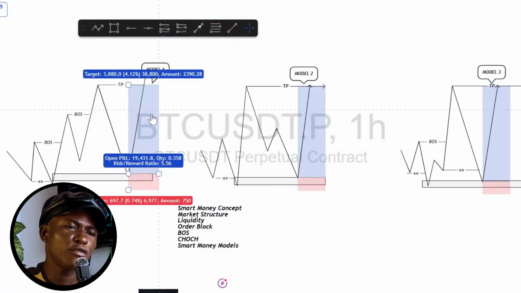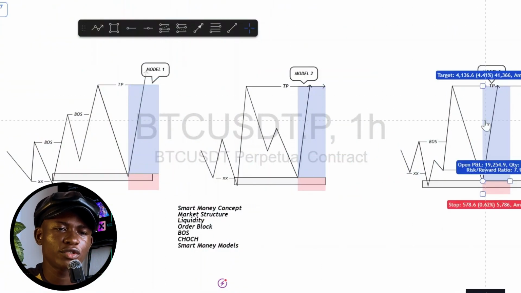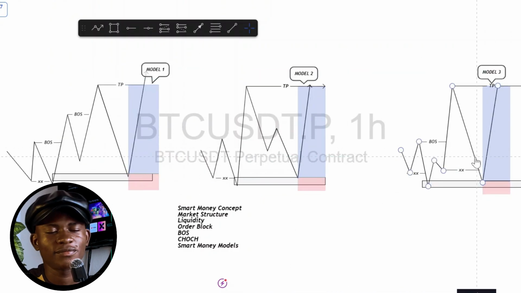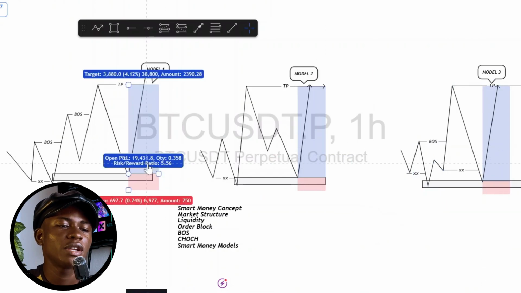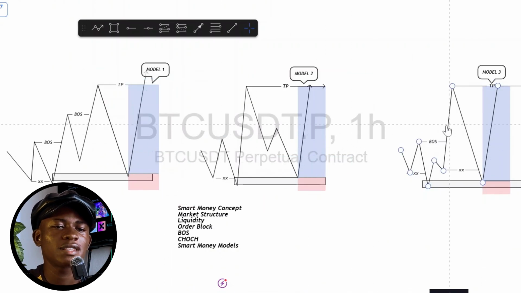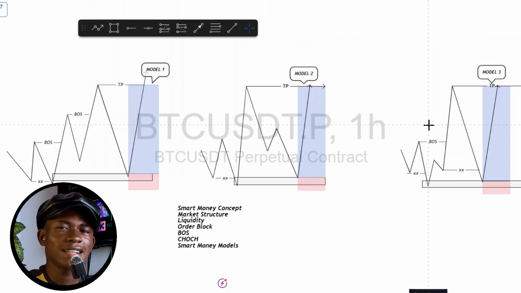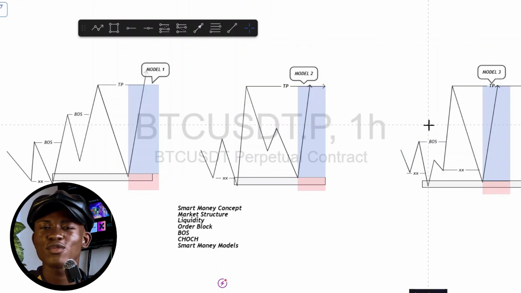So here we have model 1, model 2, model 3. They look similar, but they're a bit different in some ways. So I'm going to break down each model to make it simple. I'm the kind of guy that likes simplicity. I don't like too much grammar.